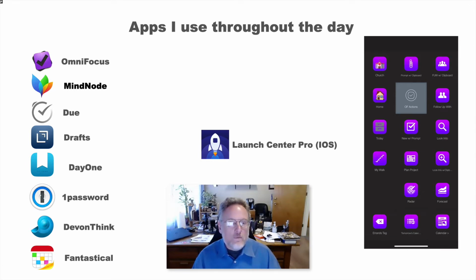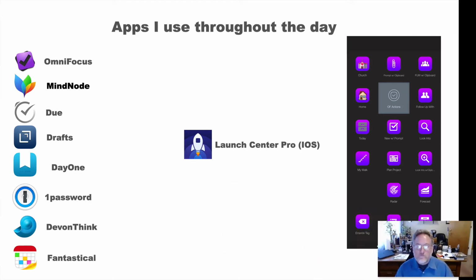Because of the way that I work and I've got to be mobile, every app that I use for productivity has to be on Mac and iOS and has to be able to sync its data everywhere so that I can get to it. I'm going to be showing you MindNode, Drafts, and DEVONthink in a little bit. If you have any questions on any of these, of course, I'll cover that near the end.